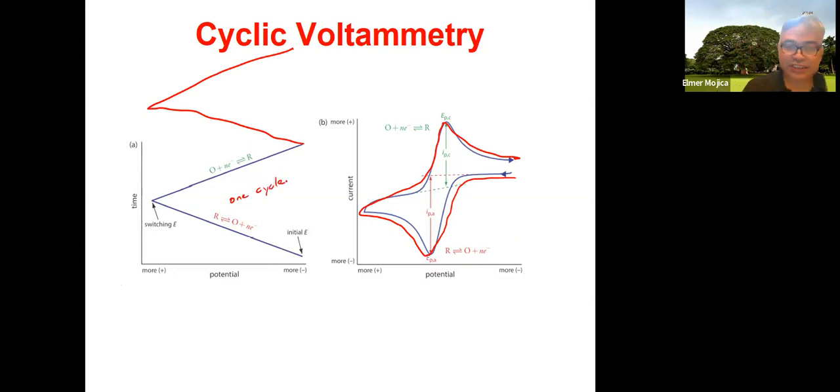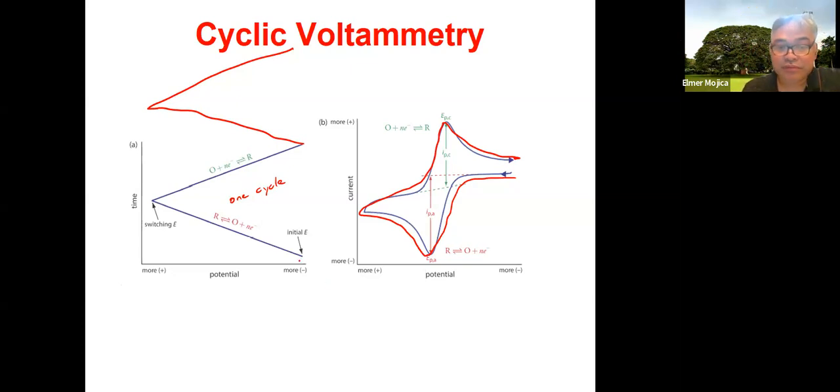If you put a second cycle, you have another voltammogram on this one. So a cyclic voltammetric experiment can be made up of one cycle or many cycles.